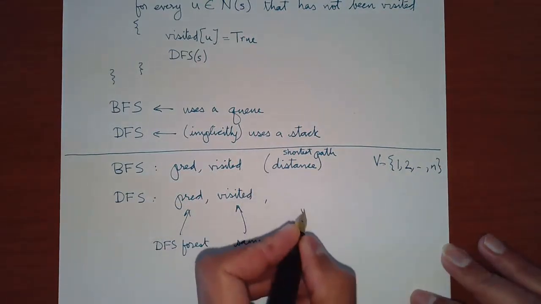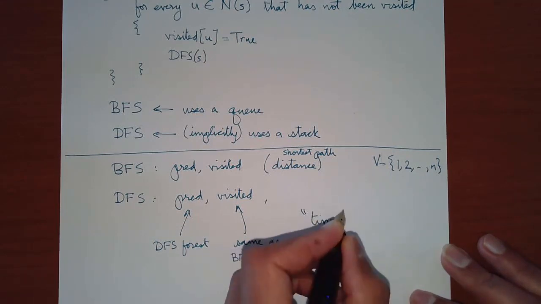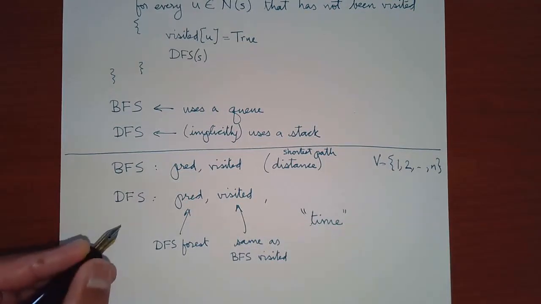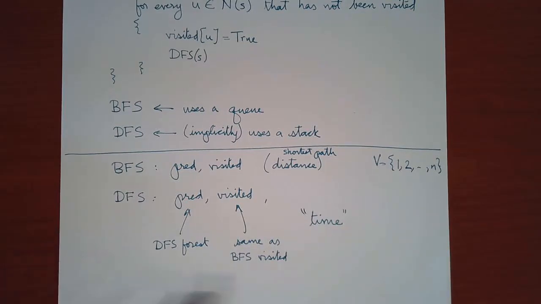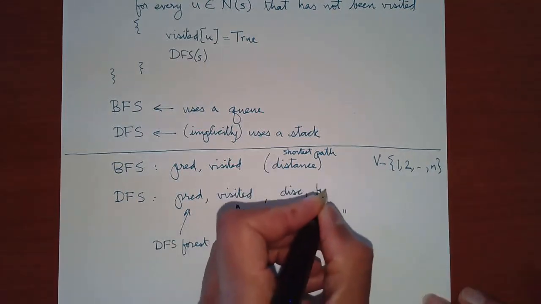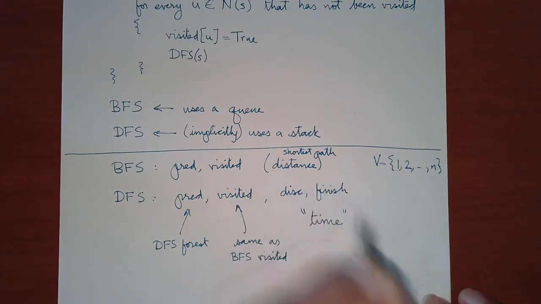There's going to be a notion of time. So think of there's a clock ticking. And each time DFS does an operation, the clock moves by 1. So there is this global clock that's going to be there. And we're going to maintain what are called discovery times and finish times.